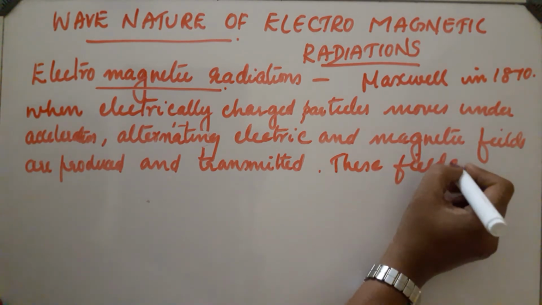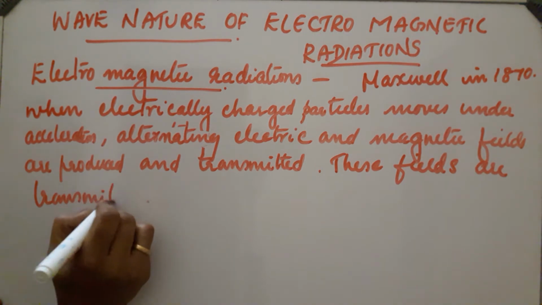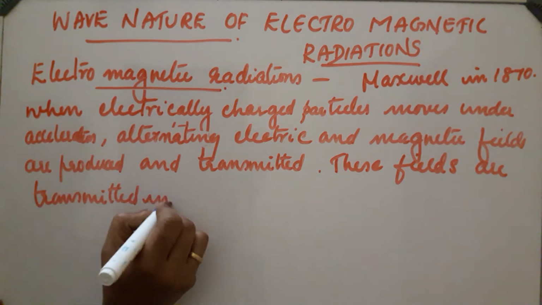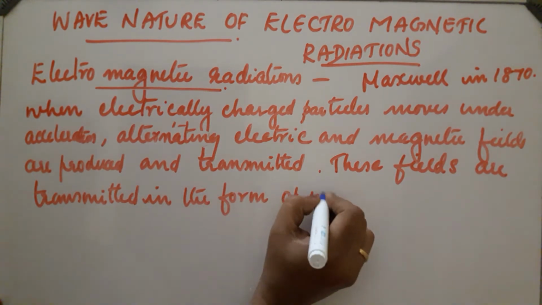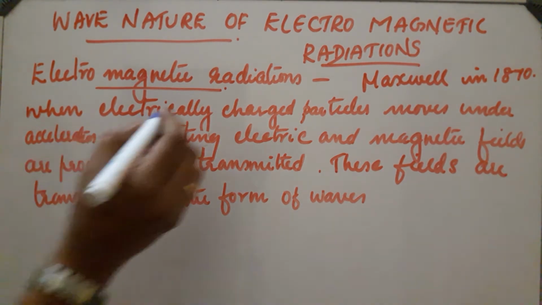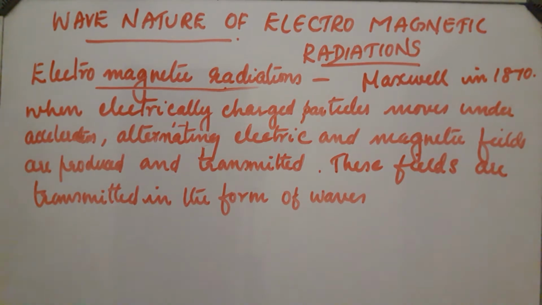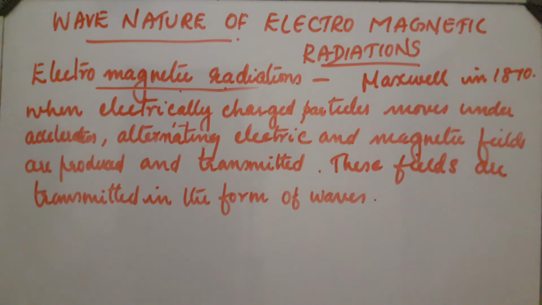These waves are called electromagnetic waves or electromagnetic radiations. This was proposed by James Maxwell in 1870.